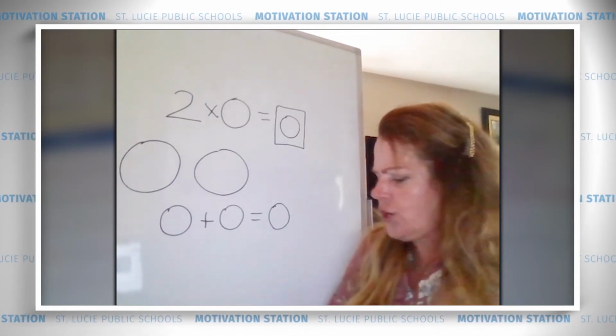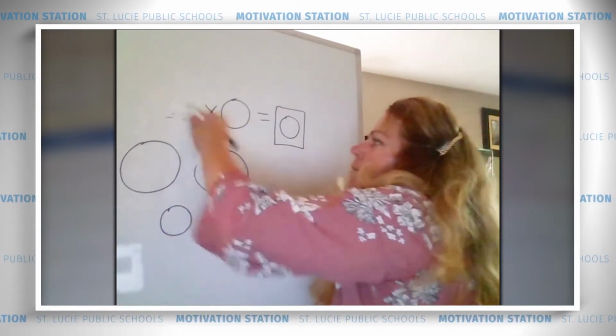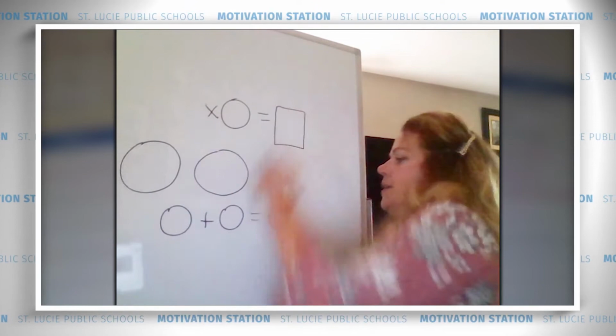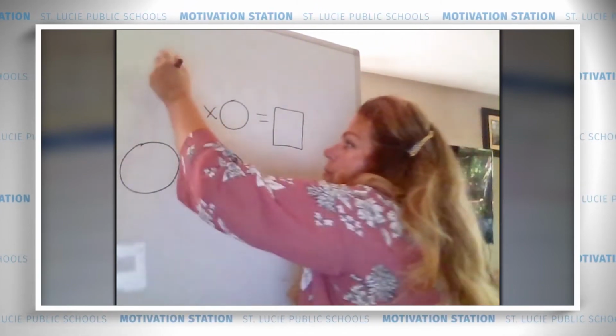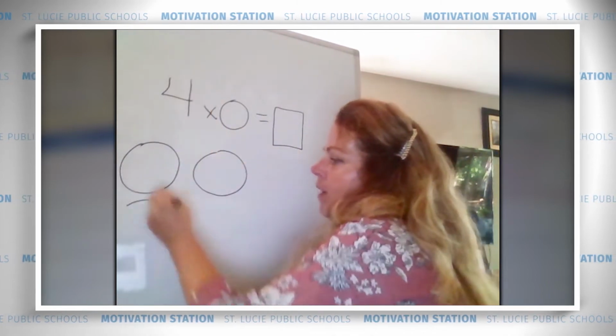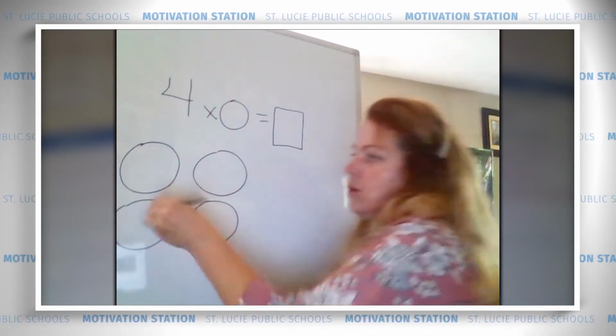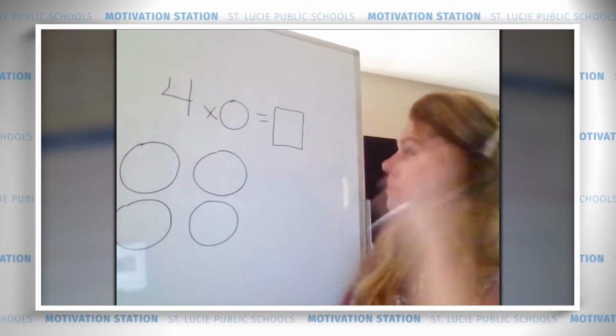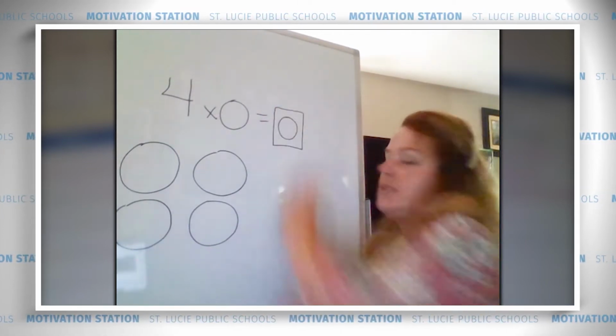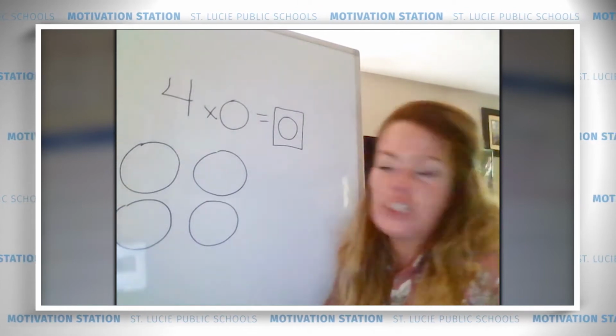All right, let's try that again with another one. Let's try 4 times 0. So now I need 4 groups with nothing in my groups, no stars. So I have 0 stars. How would I write that as an addition sentence?